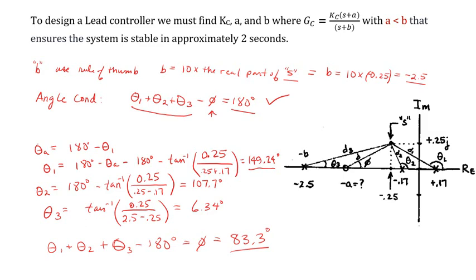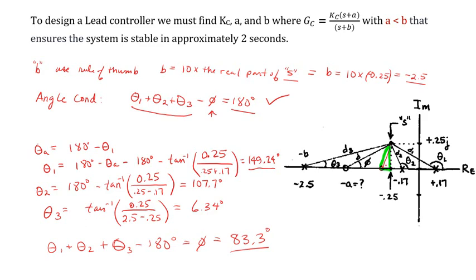So if A is right here and this is the real leg, then the triangle is going to be this. We know that this angle right here is phi.